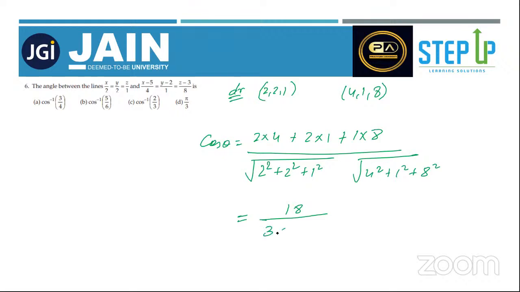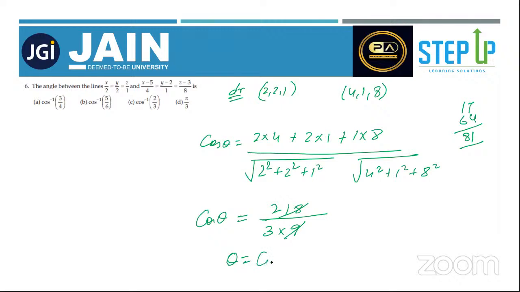Square root of 9 is 3. 16 plus 1, 17. 17 plus 64 is 81, correct? Square root is 9. So this is 2. So cos theta equal to 2 by 3.